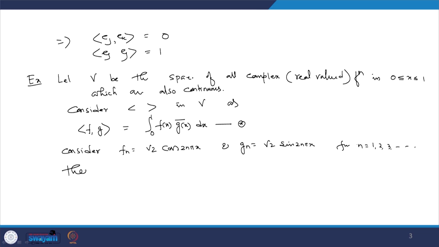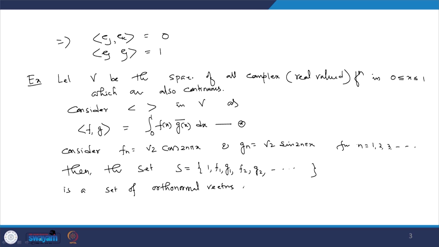Then the set S equal to {1, f1, g1, f2, g2, and so on} is a set of orthonormal vectors in V. How to prove it?